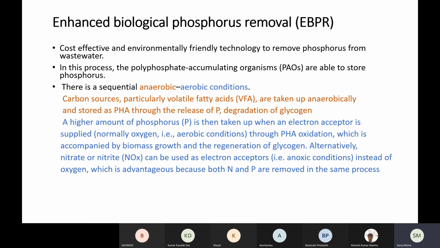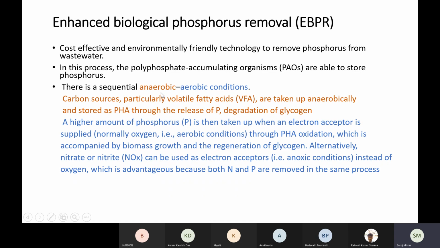So the reactor in which you are going to accumulate, for example, the effluent, which is the domestic sewage you have collected, should first be presented with anaerobic conditions. This should be followed by aerobic conditions.